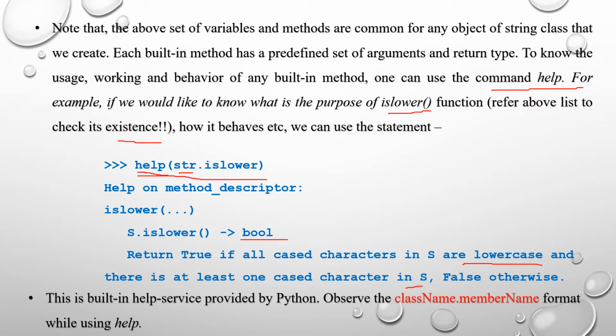This is the built-in help service provided by Python. Observe the class name dot member name format while using help. We invoke the built-in function using the dot operator and the member name islower.